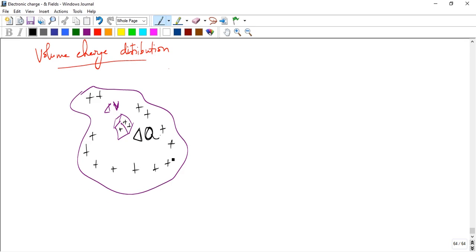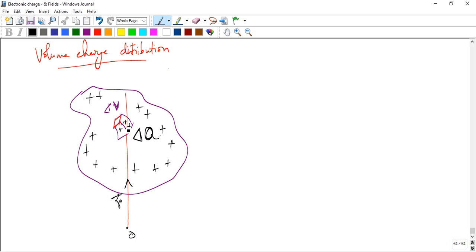Starting from origin O, suppose the position vector of that small volume is R. This position vector signifies the position of the unit volume.